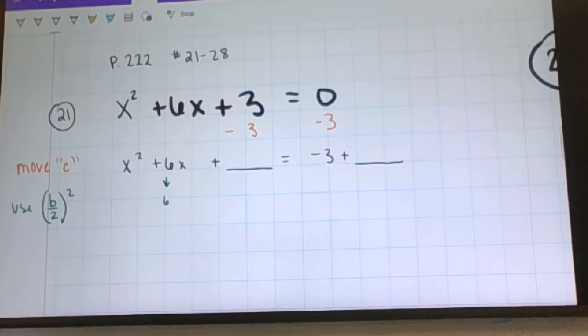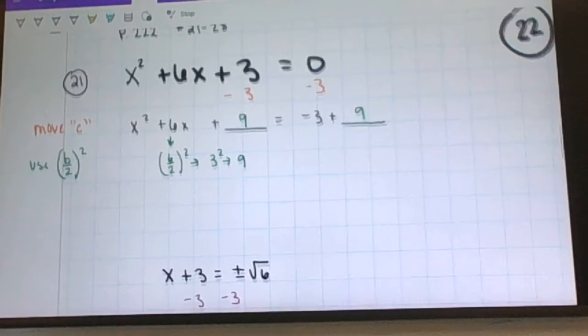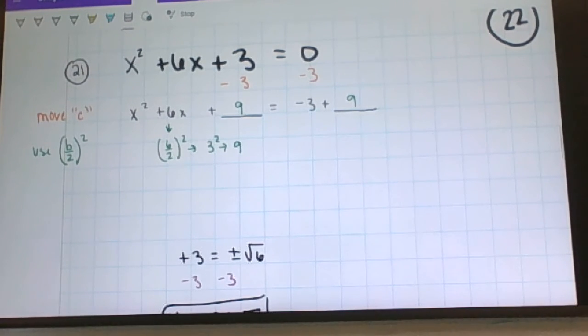B is 6. And now you have something that will work.